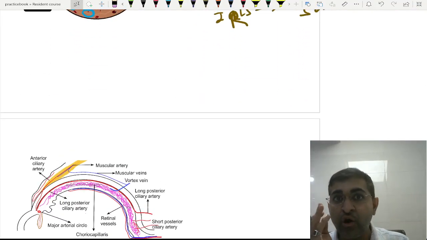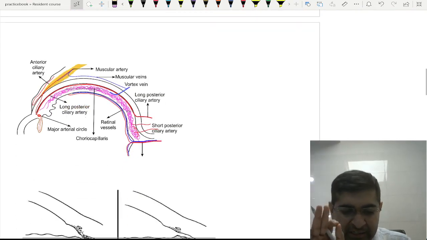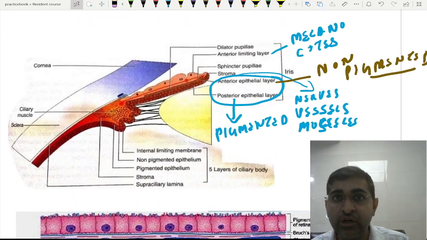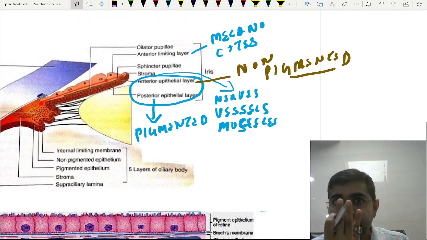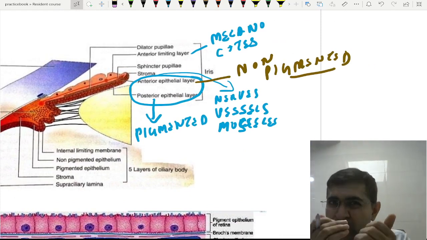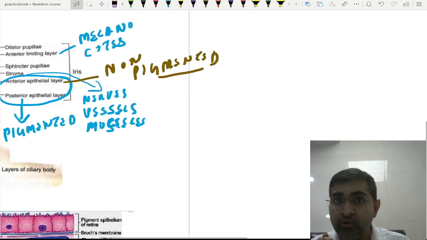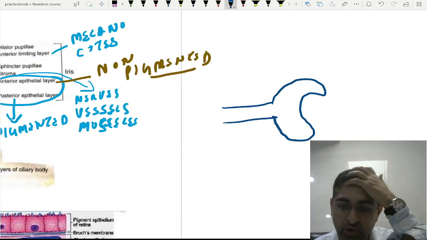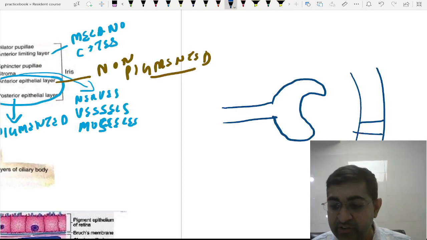Now from the iris, the next part is the ciliary body. We'll be doing the blood supply a little later. Boys and girls, the iris has 4 layers, the ciliary body has 5 layers. What are those 5 layers? So remember, there was the optic cup being formed during development of the eye, and this was the surface ectoderm.